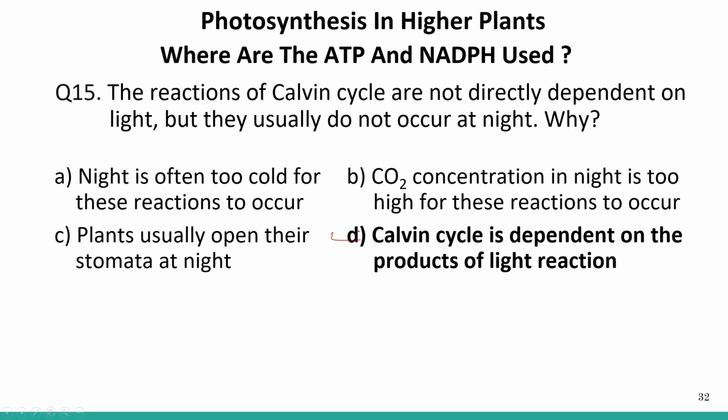Option D is the correct answer: the Calvin cycle is dependent on the products of the light reaction, and using ATP and NADPH, carbohydrates such as glucose are produced. Alright, so this was the end of this lecture. Thank you very much for listening.